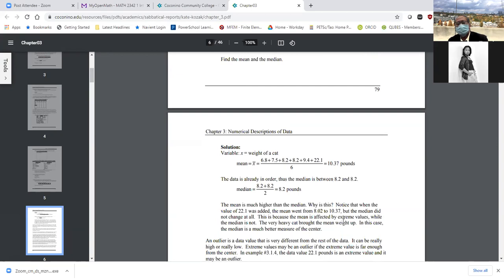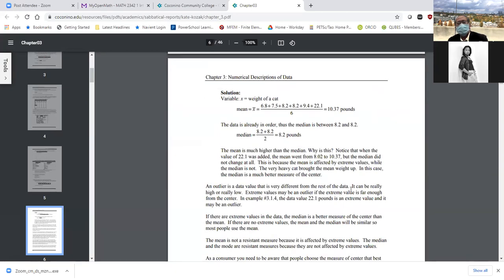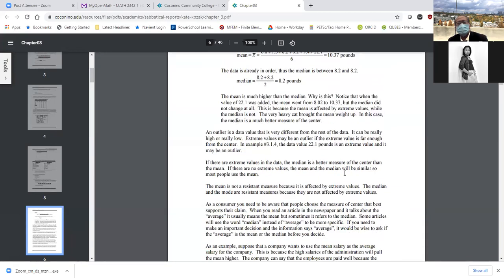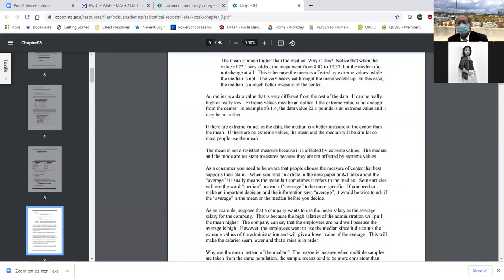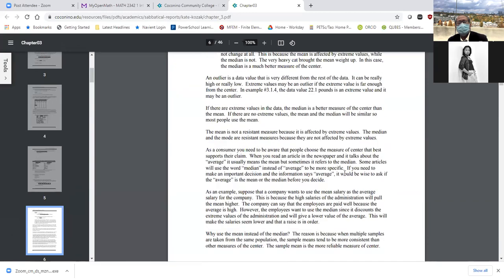You can see it. Sometimes this kind of data is called an outlier. This is the information about when you use the average, median or mean.